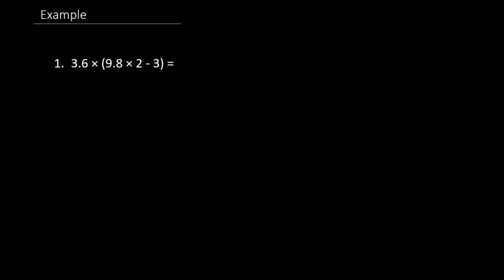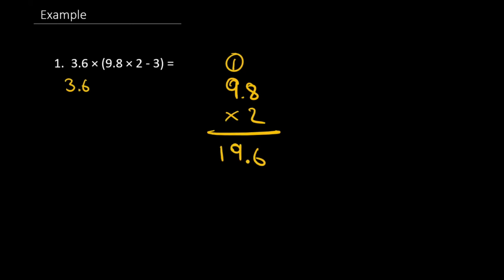So let's do 9.8 times 2. 2 times 8 is 16, 2 times 9 is 18, 18 plus 1 is 19, then we put the decimal point right here. What I like to do is write step by step. So we still have to put the parentheses, and then 19.6 minus 3.